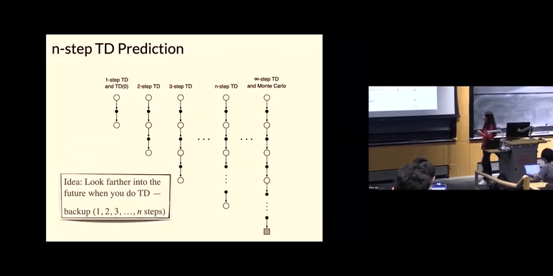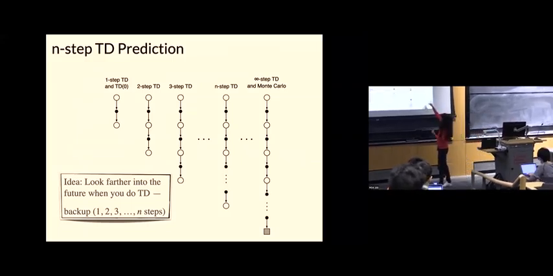We have 1 step TD or 2 step or 3 step and so on. So there is a continuum between short updates of TD and long updates of Monte Carlo. Very straightforward, right? Any questions here?